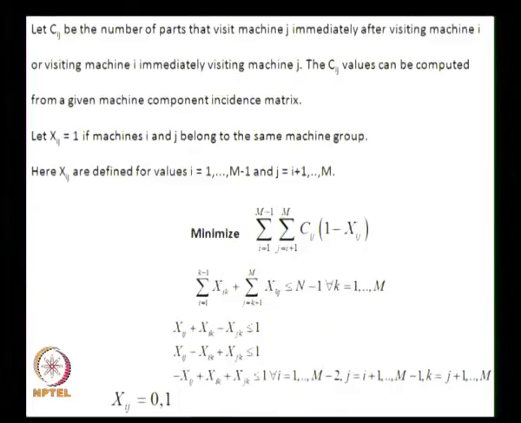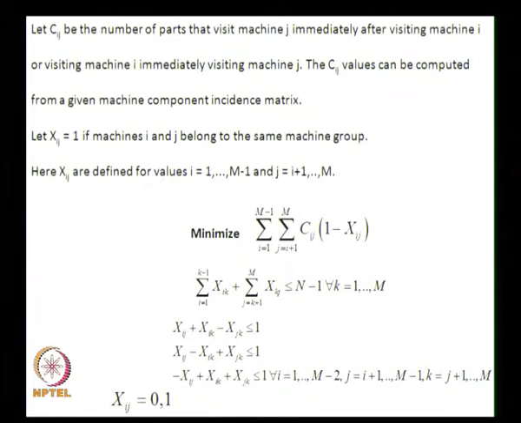So, the first constraint, sigma i equal to 1 to k minus 1 x_ik plus sigma j equal to k plus 1 to m x_kj is less than or equal to n minus 1, will restrict the number of machines in a cell.